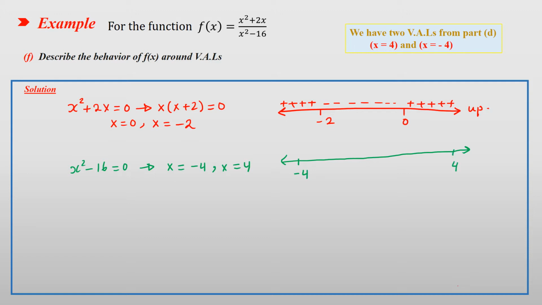Between the roots we have a sign different from the coefficient of x squared, so we have negative, and outside of the roots we have positive. This is the denominator.